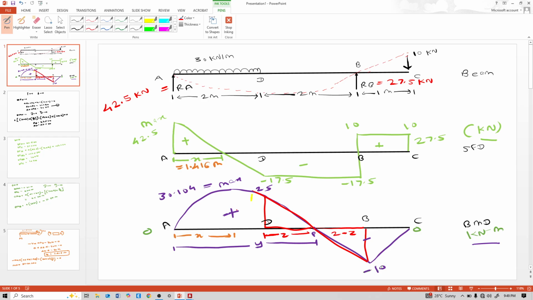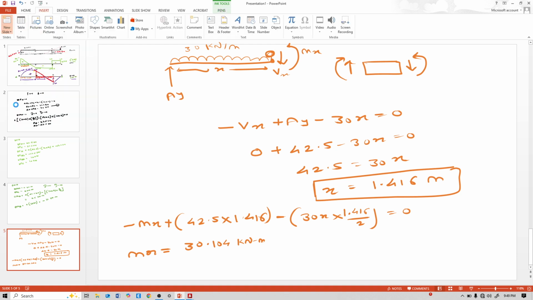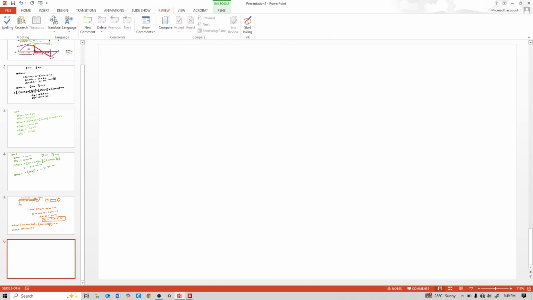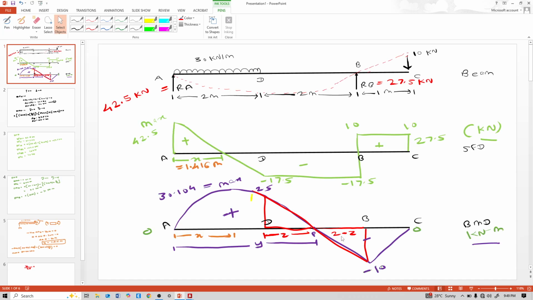So Z upon 25, by using similarity of triangles, equal to 2 minus Z upon 10.